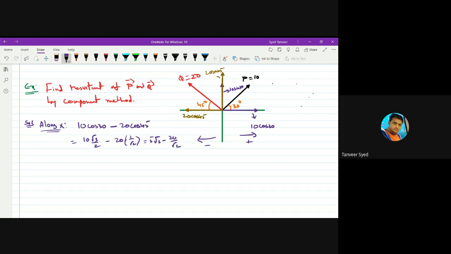Don't worry about the numerical value simplifications. They are a part of mathematics which you can easily do. Try to focus on the physics part. Square roots, addition, subtraction, we are not here to learn all these things. You know already all those mathematical operations. Basic mathematics you already know. You can do it quite well. So try to focus on the physics part, what we are doing here. Simplification is not a problem. Application of concept is the thing that you should understand.